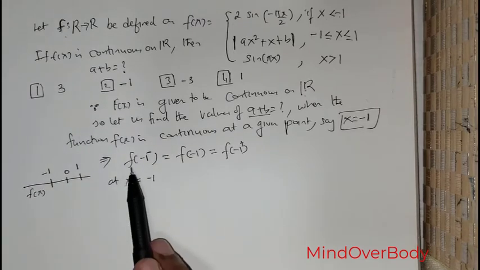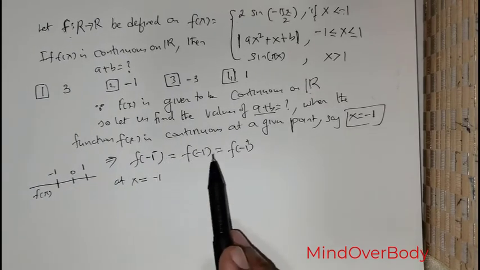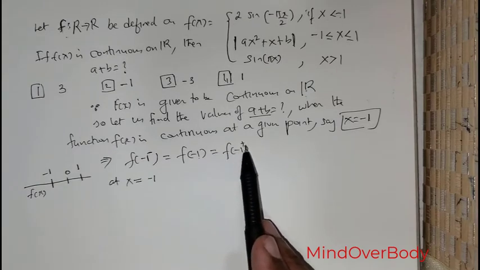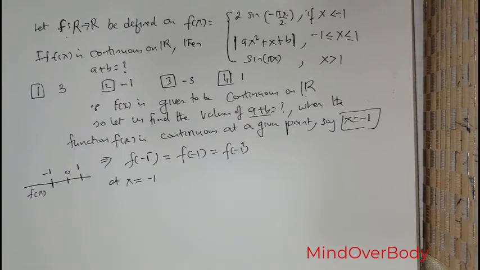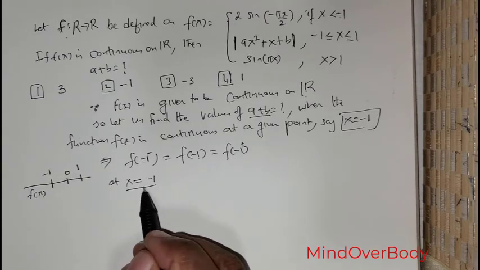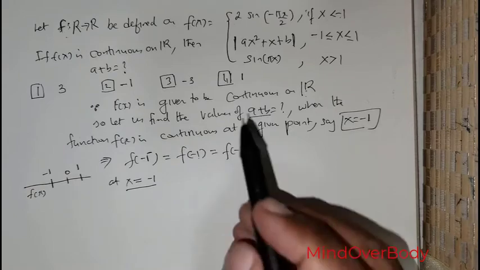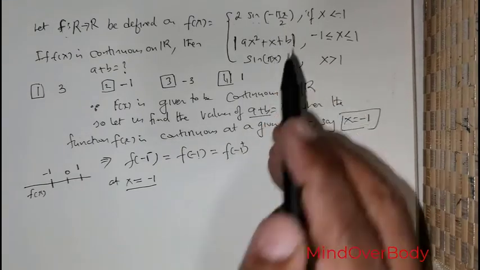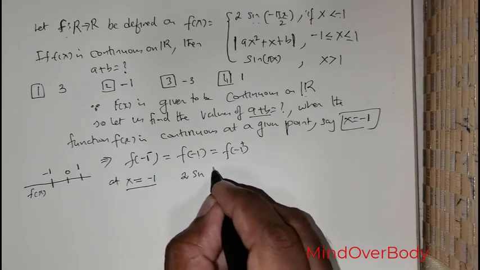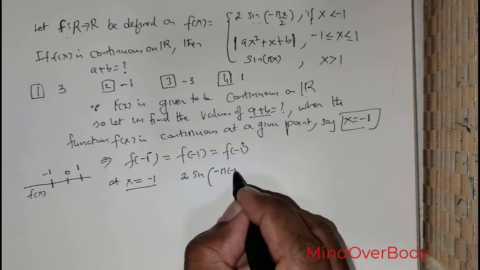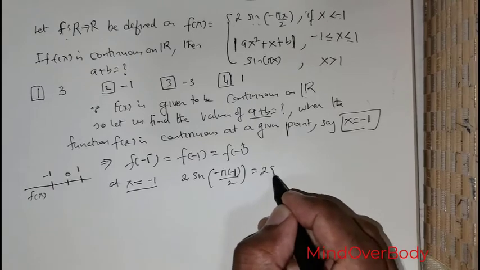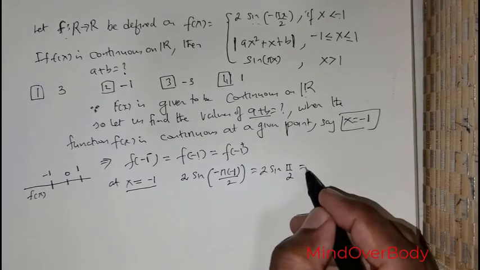Now since f of negative 1 minus is same as f of negative 1, which in turn is same as f of negative 1 plus, I can very well obtain the limit of f of x for this function at x is equal to negative 1. So for that I need to take this. That's exactly what I'm going to do. So this is going to be 2 times sine of negative pi of negative 1 divided by 2, which is equal to 2 times sine pi over 2, which is equal to 2.